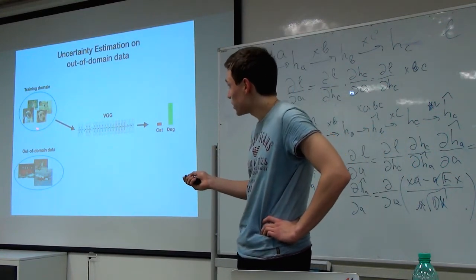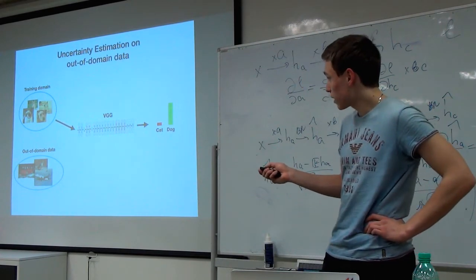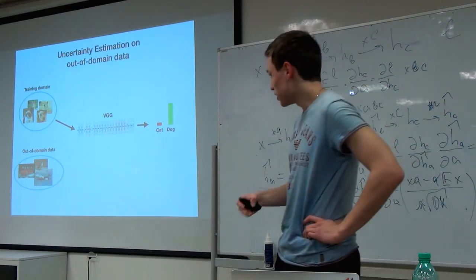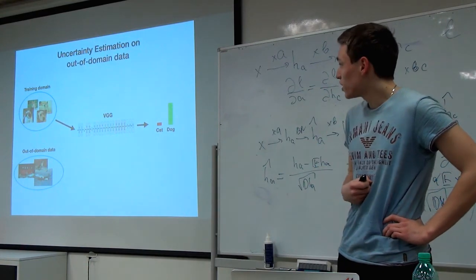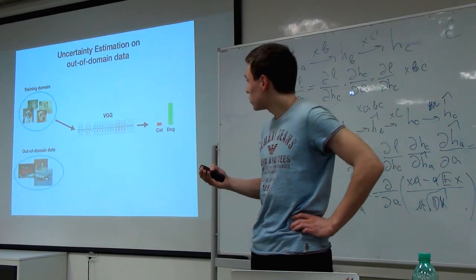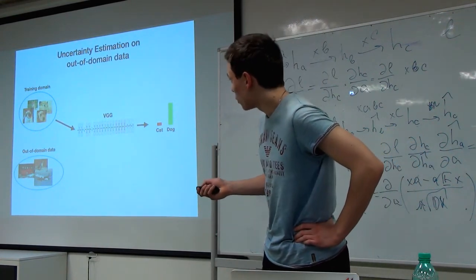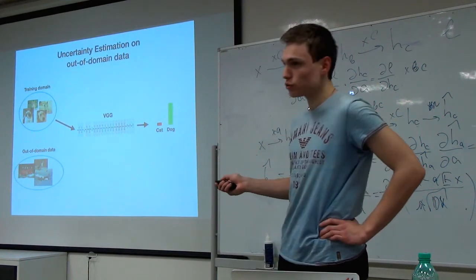We train our neural network on training data, and it performed well, like 99% accuracy. But we want a good model to produce uncertainty estimation on out-of-domain data.